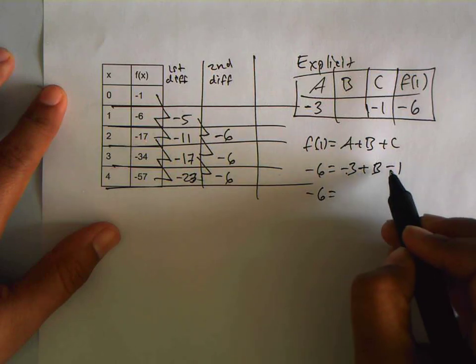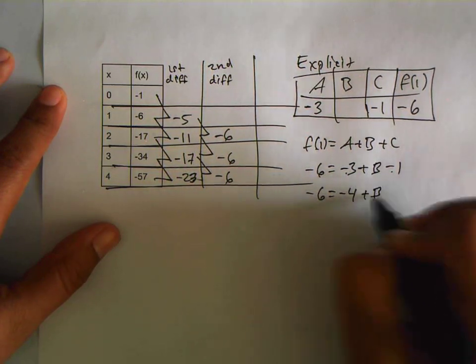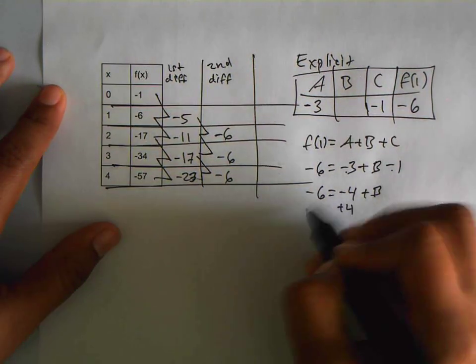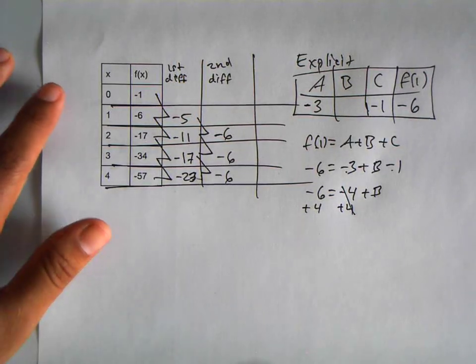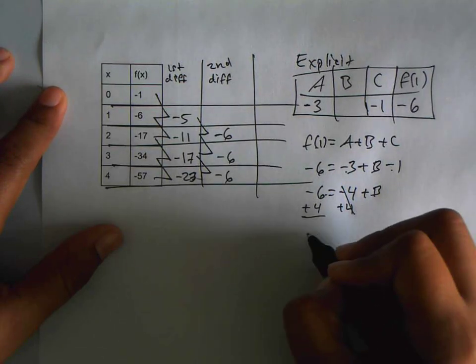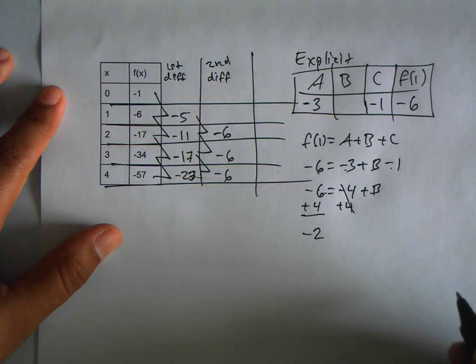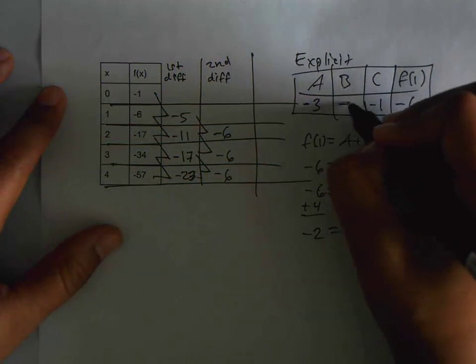Negative 3 plus negative 1 is a total of negative 4. And since it's negative here, I'm not going to subtract, I'm going to add to both sides, because opposites cancel each other out. And negative 6 plus 4, I'm going to keep the negative because there's more negatives than positives, and it looks like there's 2 left over for the negatives. So our b is equal to negative 2.